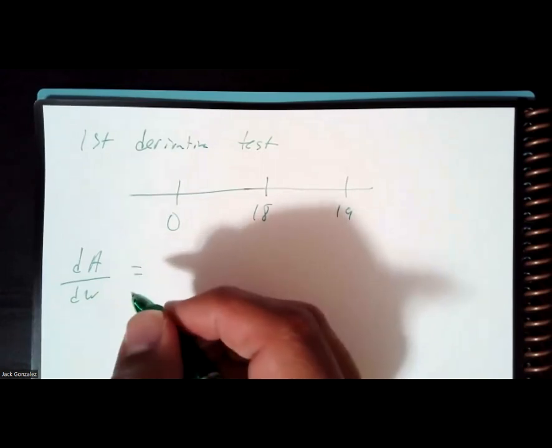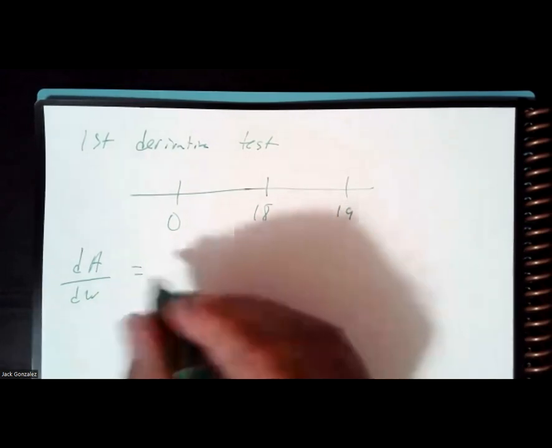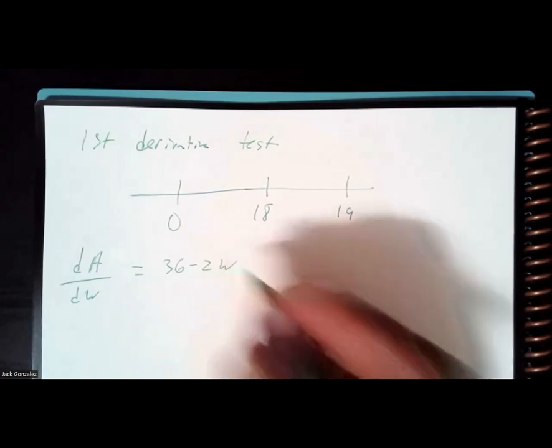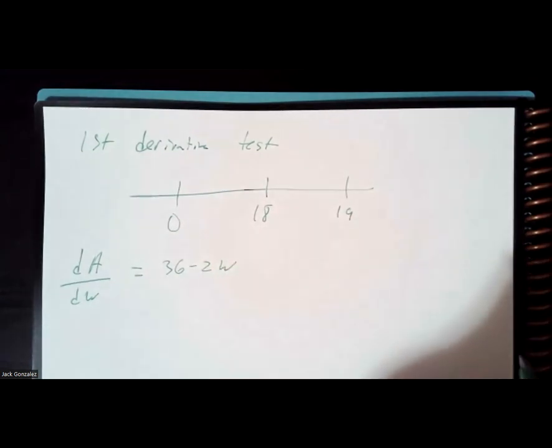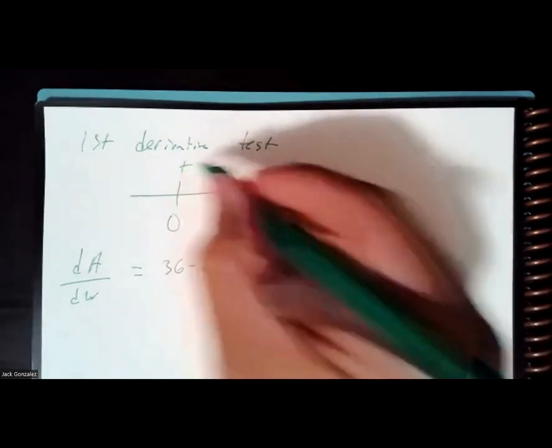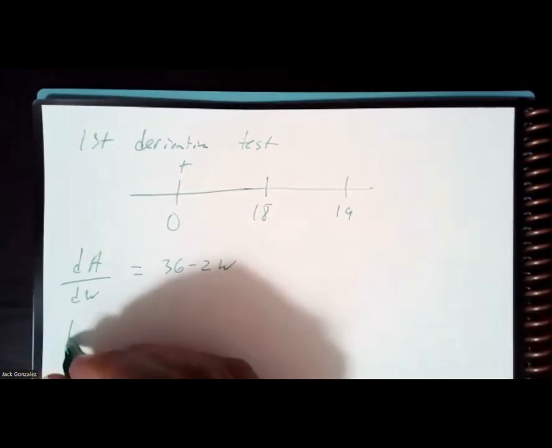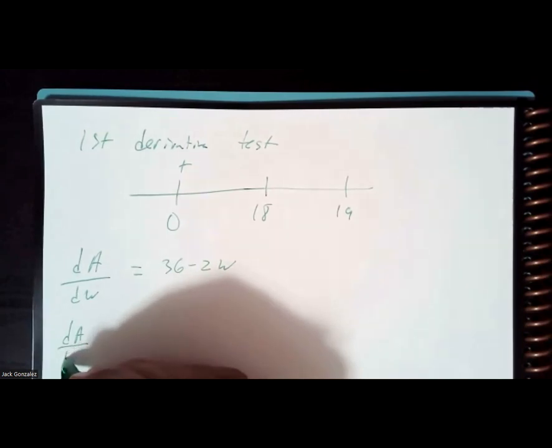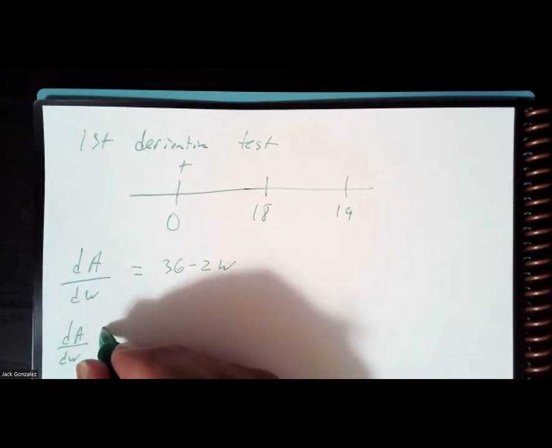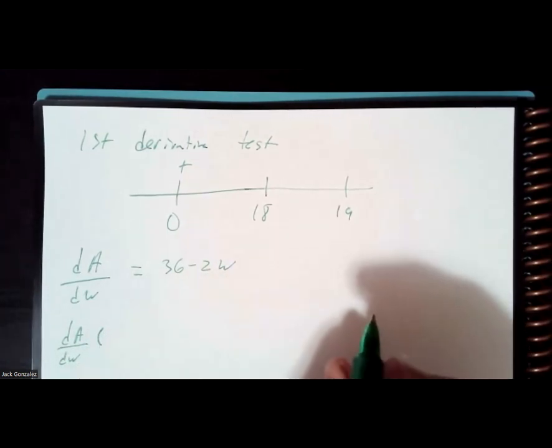The derivative function was this, right? If I plug in 0, it's positive. It would be 36.